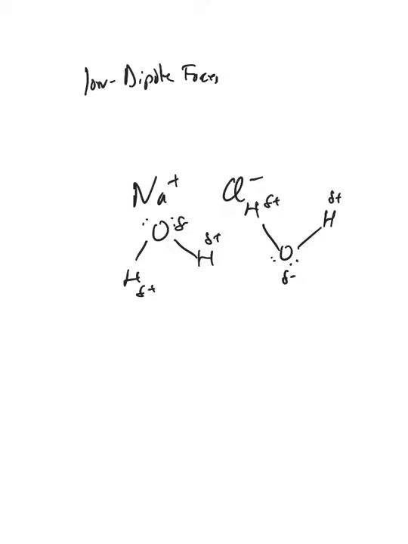And so you can see how the partial negative charge on the oxygen can interact with the positive sodium ion, or the partial positive charge on the hydrogen interacts with the chloride ion. And now you've got a hint as to how these ionic compounds can dissolve in water, and how these ions can now become hydrated. They become surrounded by water molecules. And so this is an example of ion dipole forces.